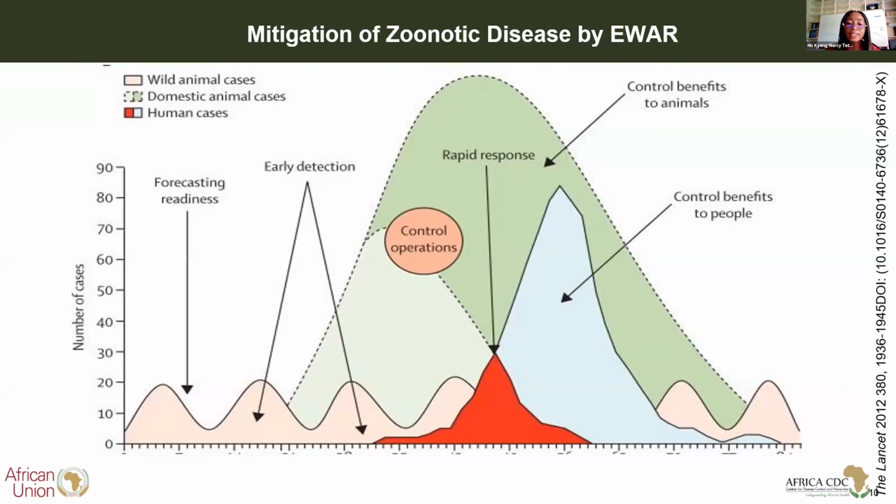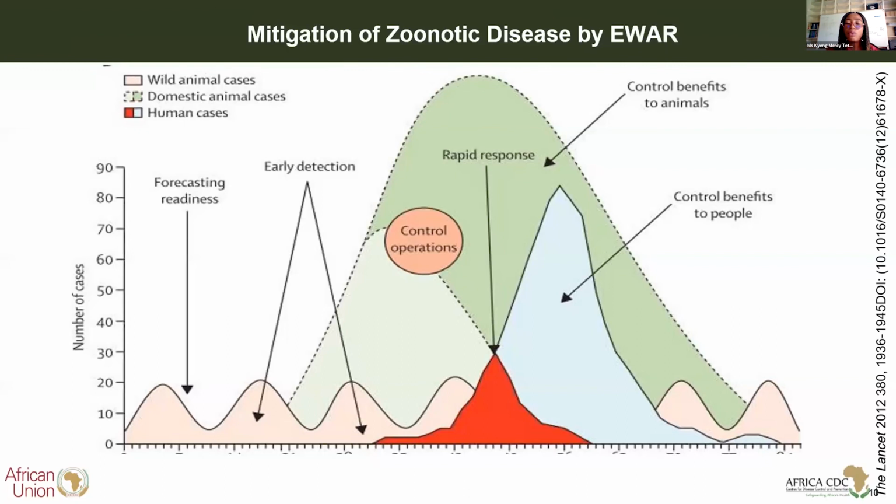And like I earlier said, if there was a One Health approach in place, there's a great advantage of picking up this public health threat within the wild animal population before it spills over to the domestic and then further spills over to the human.